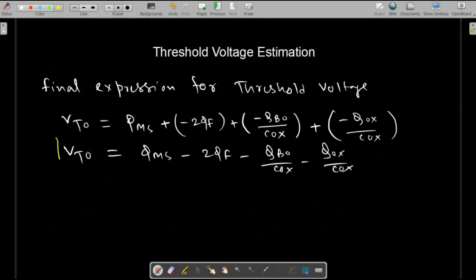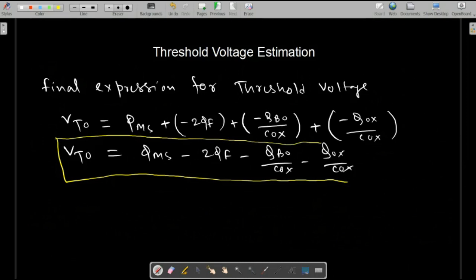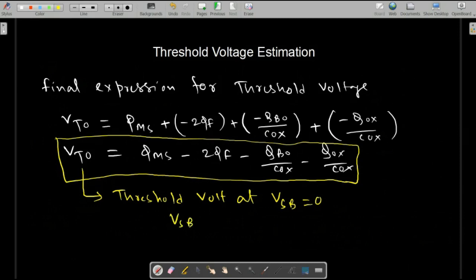So this is the expression we are getting till now, and again we shall simplify it, where this term VT0 is called threshold voltage at VSB equal to 0. Now actually what is VSB? VSB is called the substrate bias voltage. Okay, that means the voltage between source and body terminal.